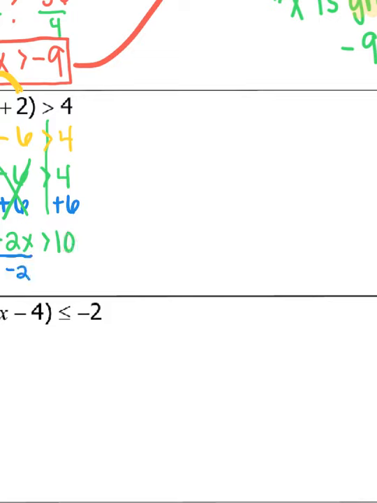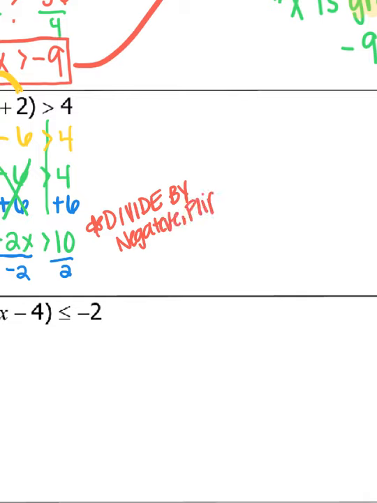Divide both sides by -2. Now, when you divide by a negative, you need to flip the inequality.